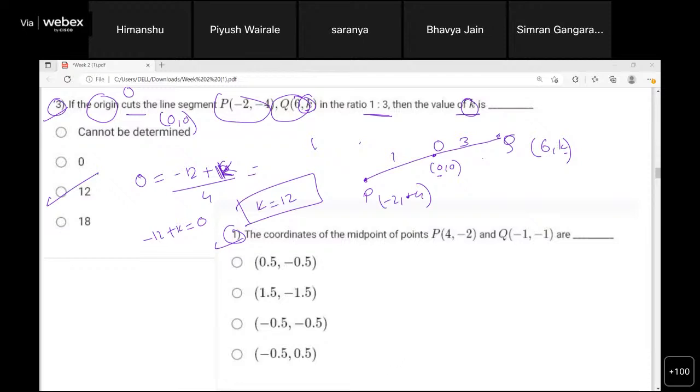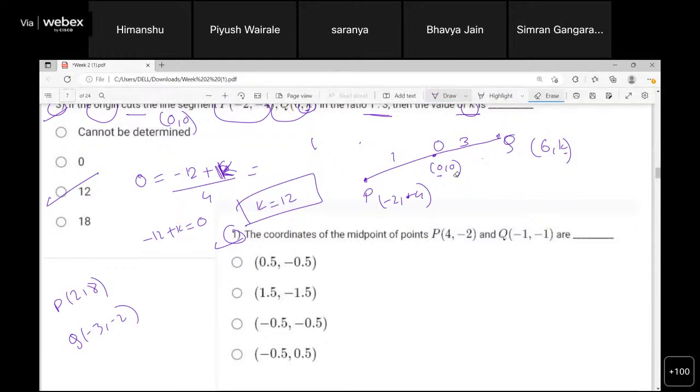So the origin cuts, but the coordinates are changed here. P is 2 comma 8, and Q is minus 3 comma minus 2. This is the line PQ, and it is cut by the origin, right? Same thing.